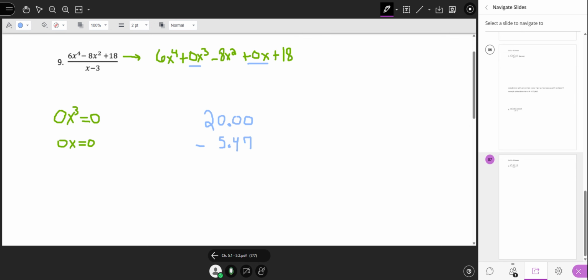These zeros are placeholders. And now what I would do is this 20 would become a 19, make that a 10, steal from that, make that a 9, make that a 10. 10 minus 7 is 3.